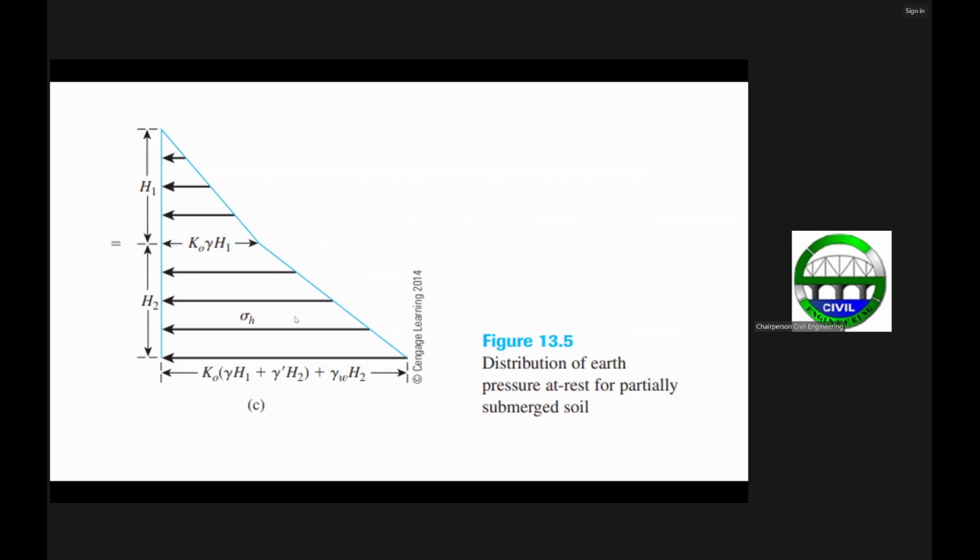So that gives you this total value for the horizontal earth pressure at the bottom of the wall. Initially you have this horizontal earth pressure until the groundwater table. Then from here it will increase further, adding the effective stress plus the pore water pressure.